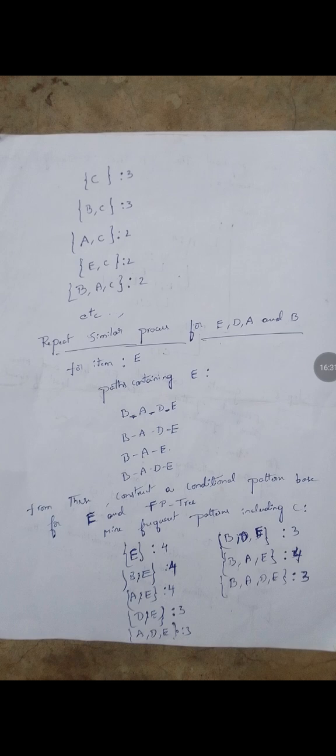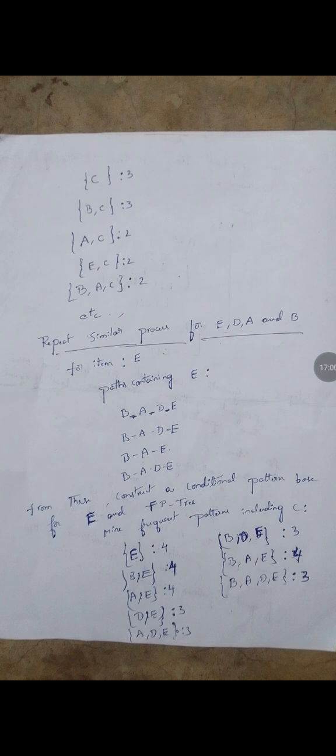E is repeated 4 times. B is repeated in the first path, the second path, the third path and the fourth path. Same for AE, DE, ADE, BDE, BAE and BADE. For all these paths, you have to pair up based on E only.